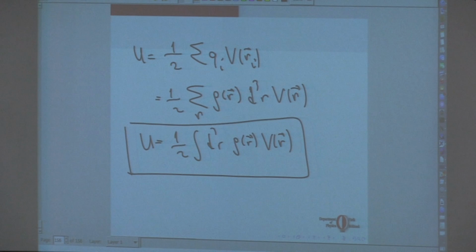So the final expression is a double volume integral. Again, you don't have to know these double volume integrals. You don't have to know how to calculate them. The only thing that you need to know at this point is what they mean. We have our huge system, we divide it into very small parts and sum over each one of those parts. That's the only thing you need to know.